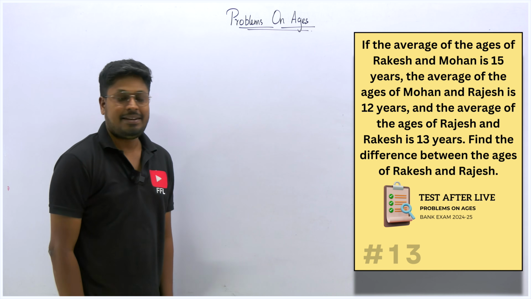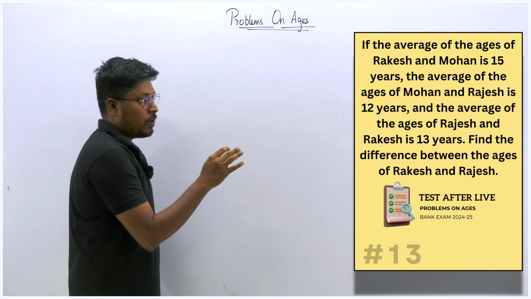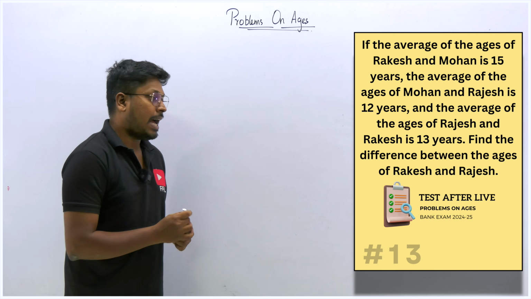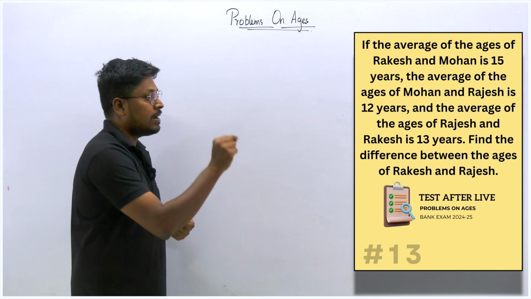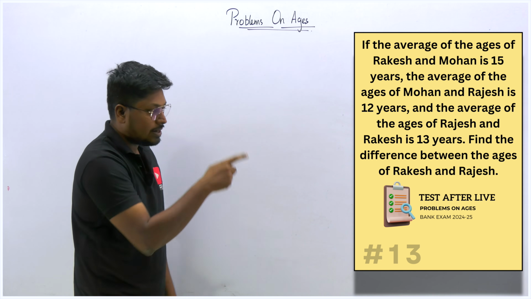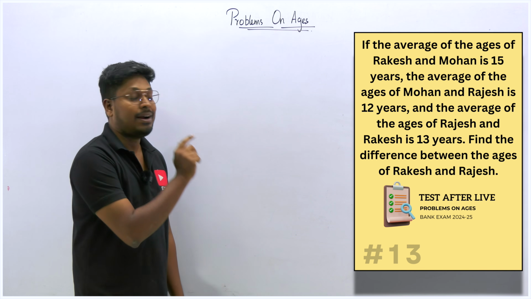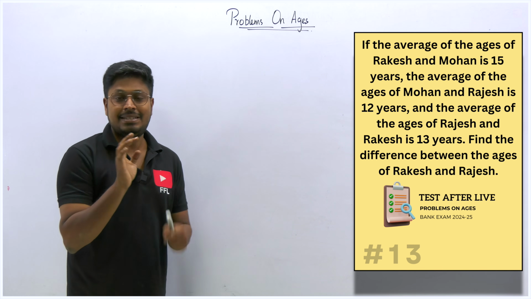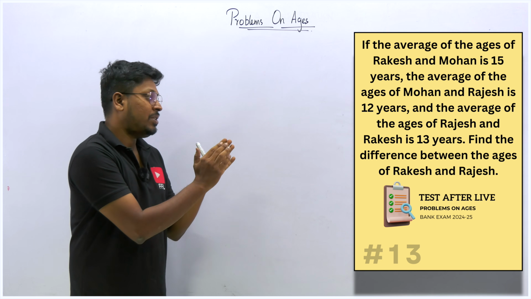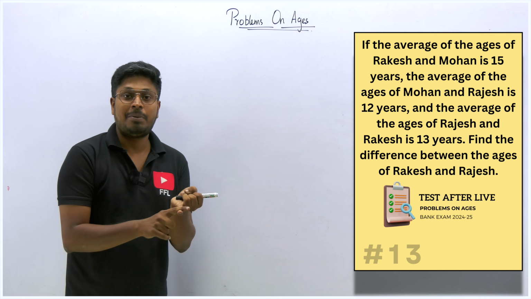Question number 13. If the average age of Rakesh and Mohan is 15 years, the average age of Mohan and Rajesh is 12 years, and the average age of Rajesh and Rakesh is 13 years, find the difference between the ages of Rakesh and Rajesh. These kinds of questions you can see more in problems on ages, as well as in the topic partnership.